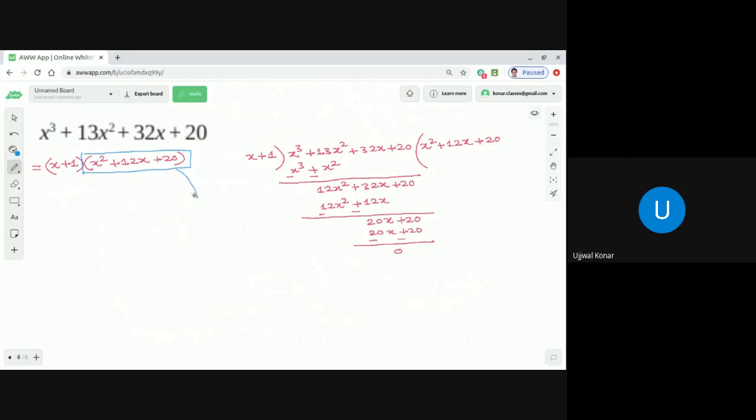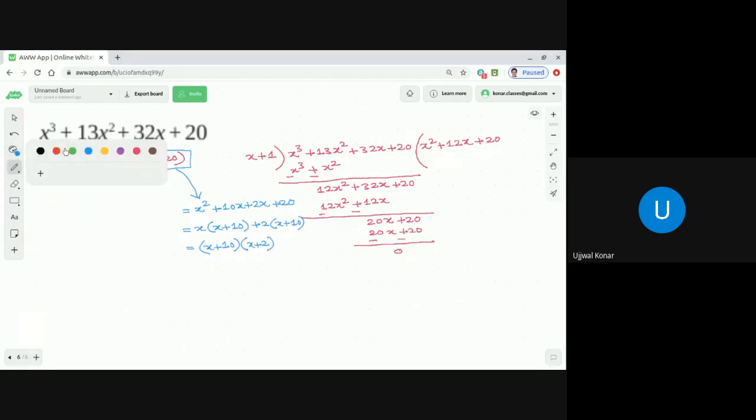How can we factorize it? That is quite simple, I hope, because by splitting the middle term, we can express 20 as 10 and 2, such that 10 plus 2 is 12, right? So x square plus 10x plus 2x plus 20 is equal to x into x plus 10 plus 2 into x plus 10, that is equal to x plus 10 into x plus 2.